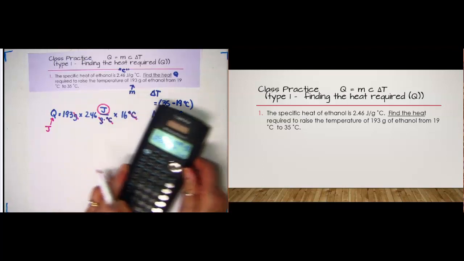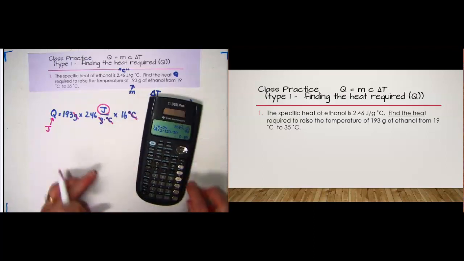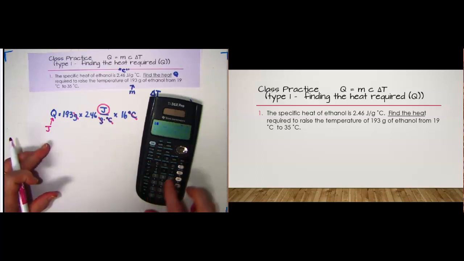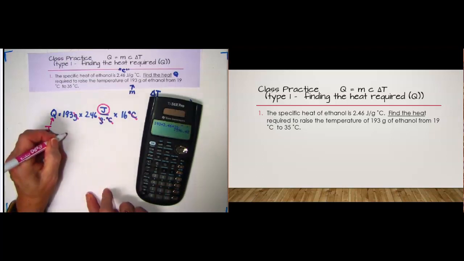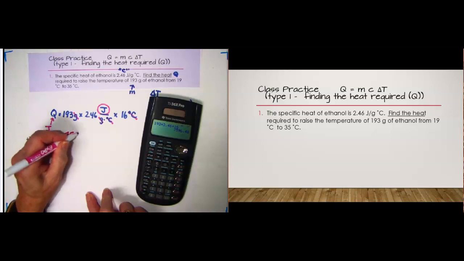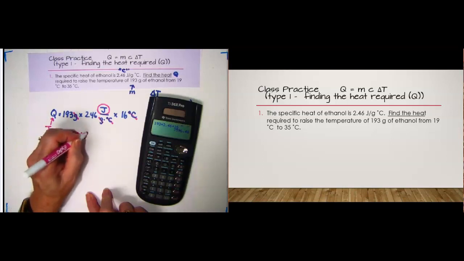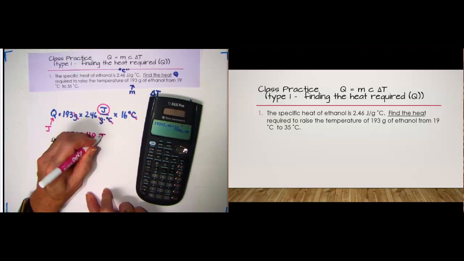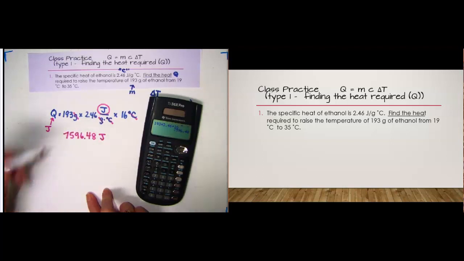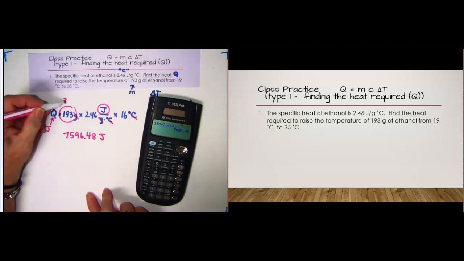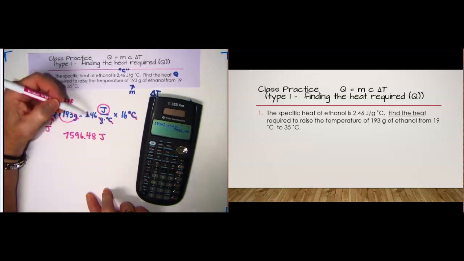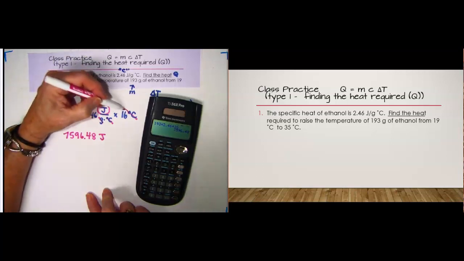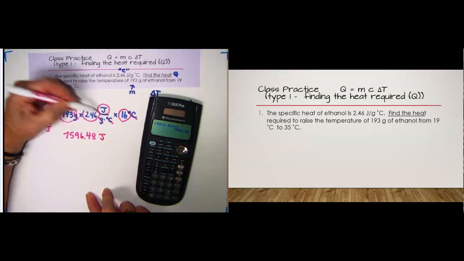All right, so let's do this multiplication. We are going to take 193 times 2.46 times 16, and we are going to get 7,596.48 joules. All right, we have 3 sig figs here. We basically have 2 sig figs with this math here and 3 here.